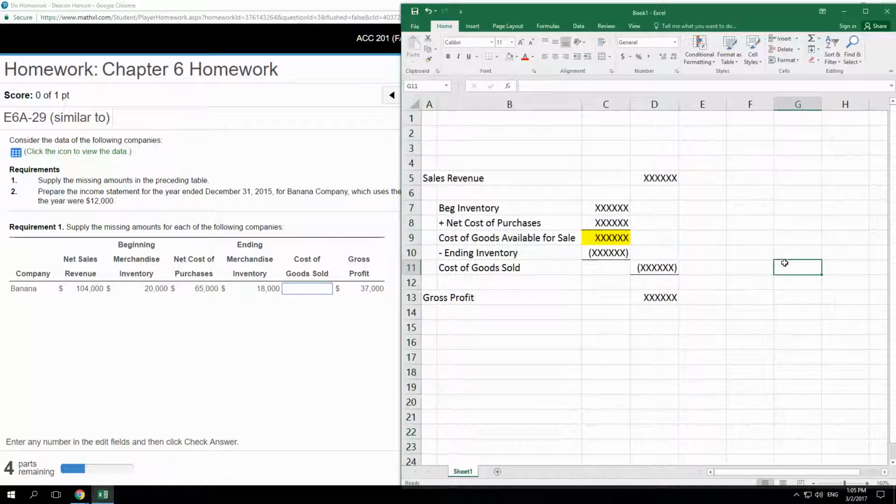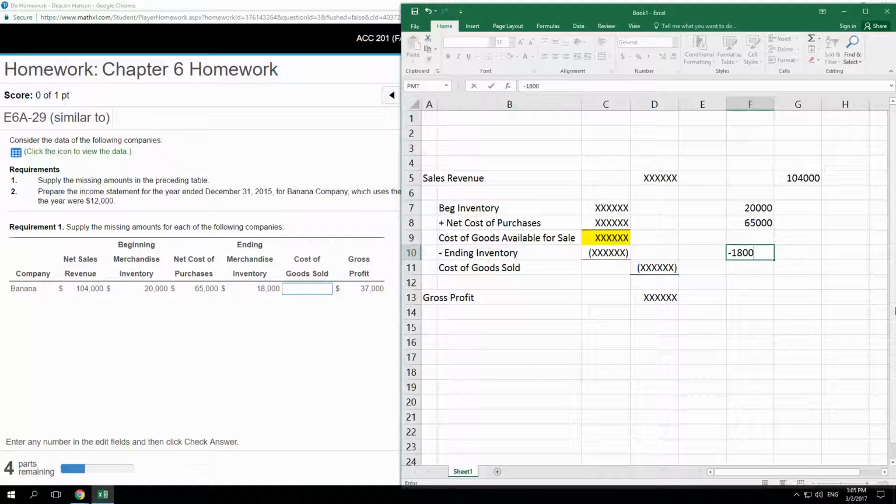Okay. So the first one, Banana Company, they tell me what my sales revenue is, 104,000. They tell me what beginning inventory is, 20,000. They tell me what my purchases are, 65,000. And they tell me what my ending inventory is, 18,000. And then they give me my gross profit of 37,000. So really, what's missing is cost of goods sold.